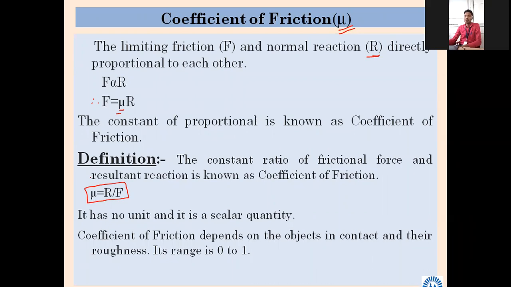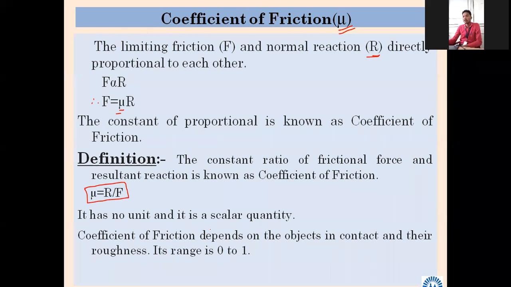Mu. What will be the unit of mu? It is a ratio of two forces, so what will be its unit? No unit, unitless, and it is a scalar quantity. These things are important as far as multiple choice questions are concerned.